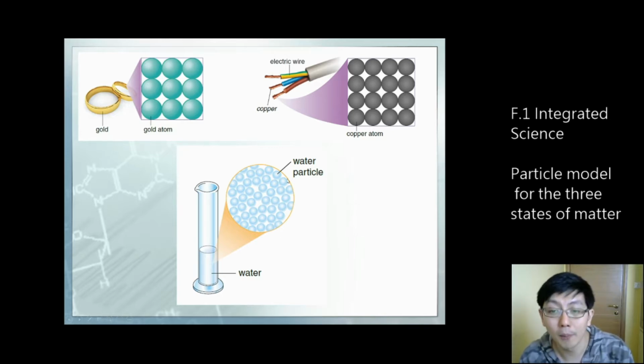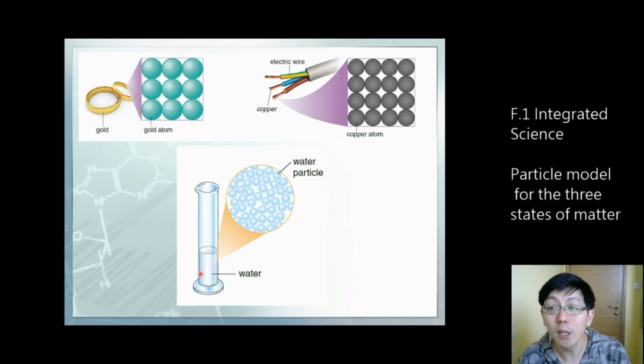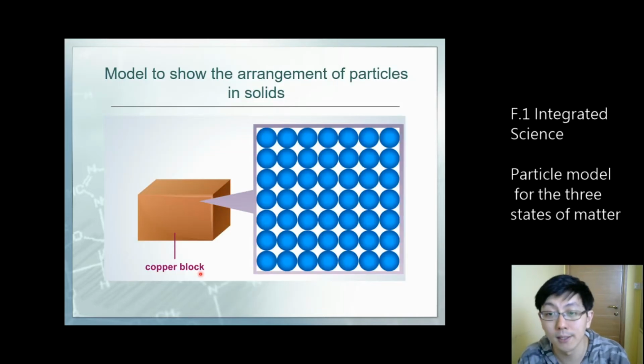Water is made of water particles. If you study chemistry in Form 4, you know that they are called water molecules. However, these pictures do not show the actual arrangement of the particles.